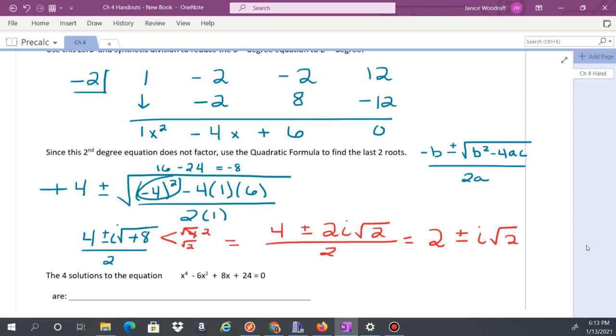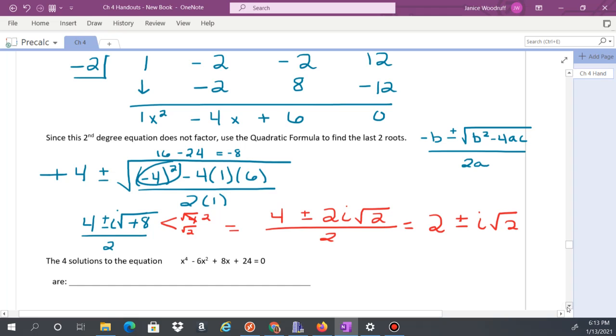Those are my other two zeros, and I didn't see them because they were imaginary. So my 4 solutions are -2, -2, and then 2 plus i radical 2, 2 minus i radical 2.